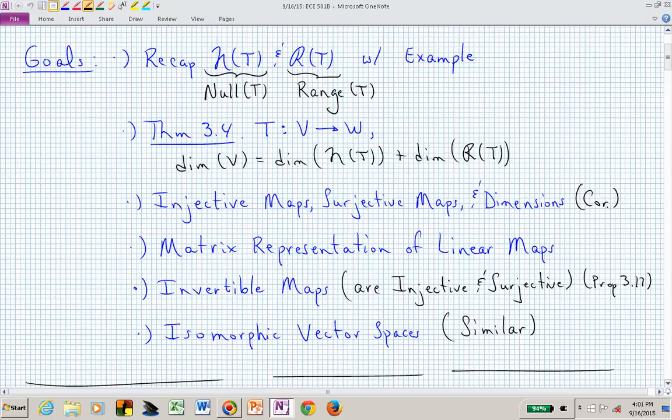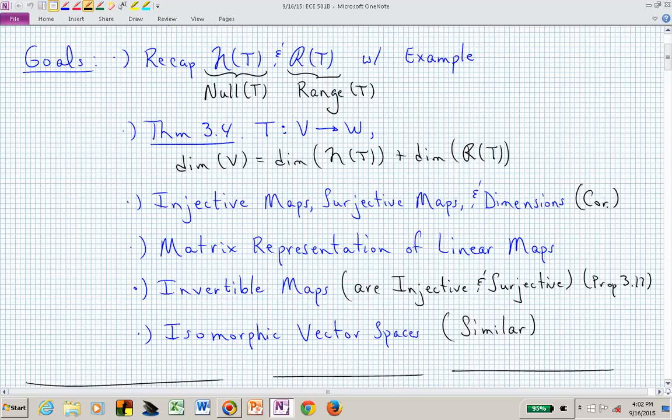We've already seen this linear map T, but now let's play with it a little bit more and illustrate the connections between the null space of T. And remember, the null space of T is a subspace of the domain. The range of T is a subspace of the codomain. Those are in two different spaces. Until we start working with an operator, they could be different domain and codomain vector spaces.